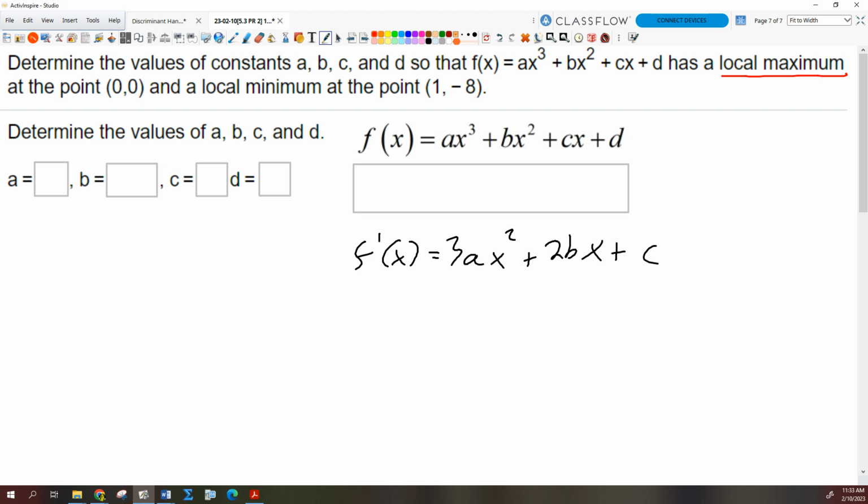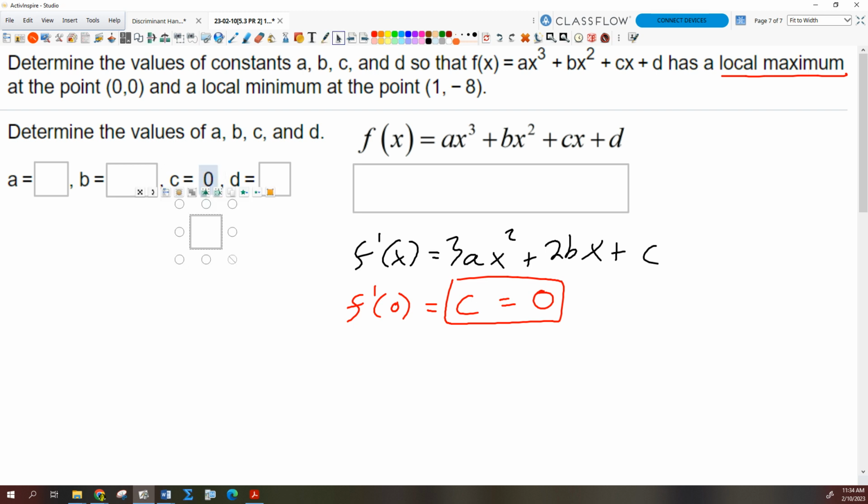So f prime of 0 equals 3a times 0 squared, plus 2b times 0 plus c, and that is equal to 0 because the derivative at x equals 0 must equal 0. It has to be a critical number, right? Okay, so that's kind of good. It tells us one value right away.